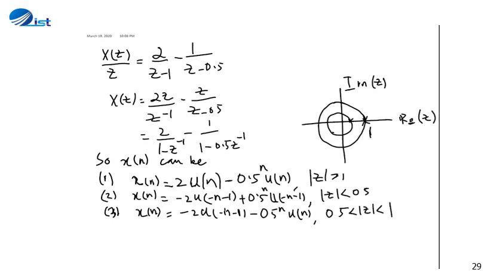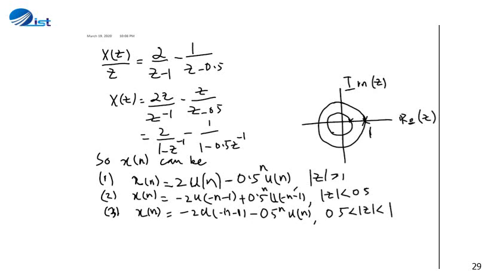And now, depending upon the ROC, there can be three choices of x of n. Either it can be all causal, which will be x of n equal to 2u[n] minus 0.5^n u[n], where |z| is greater than 1, which is outside the outermost circle. Or the ROC can be inside the innermost circle, in which case the whole expression will be anti-causal.